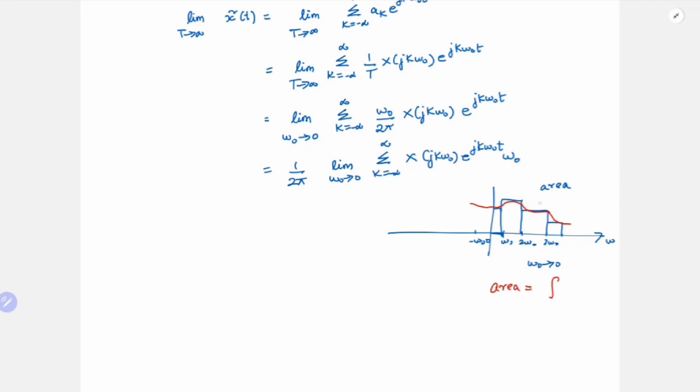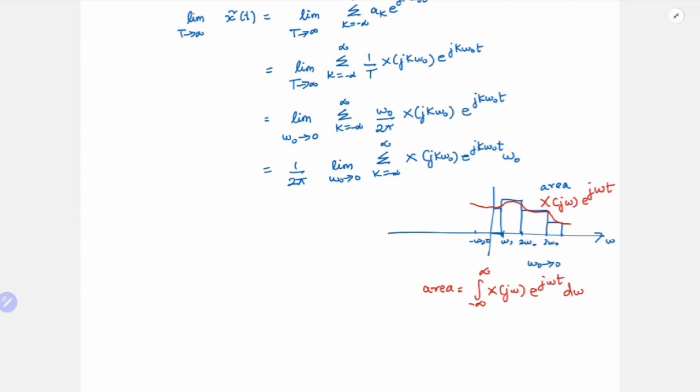Integral of this graph. What is this graph? This is x of j omega, because k omega naught becomes continuous. So I get x of j omega and e power j, again k omega naught becomes omega t. So the area will be nothing but the integral from minus infinity to infinity of x of j omega e power j omega t into d omega.